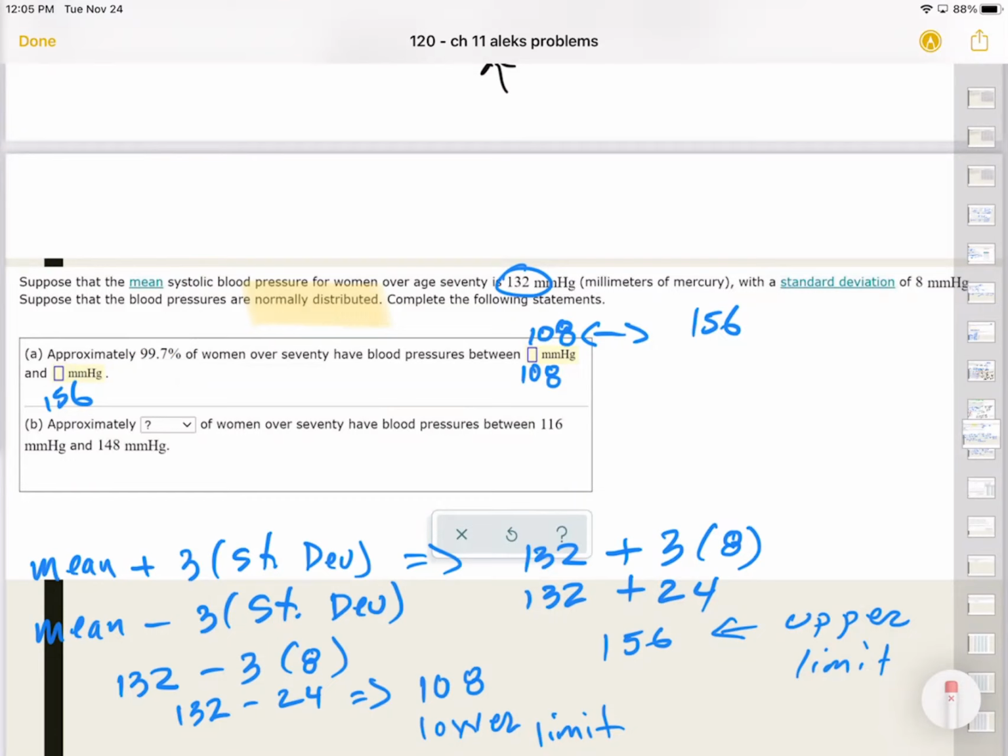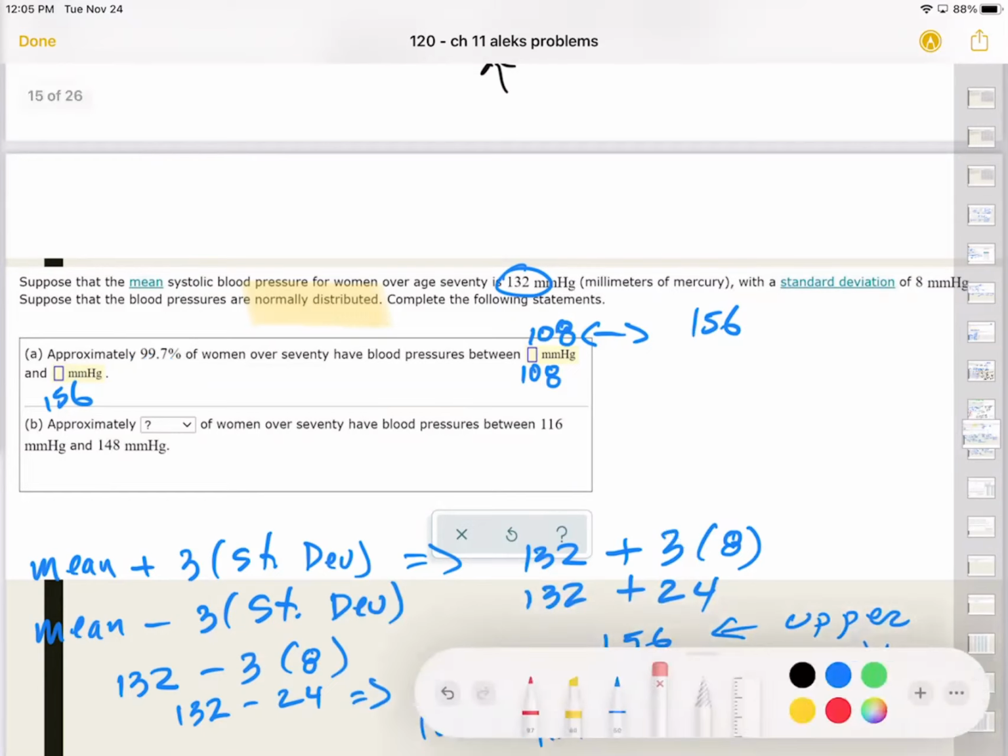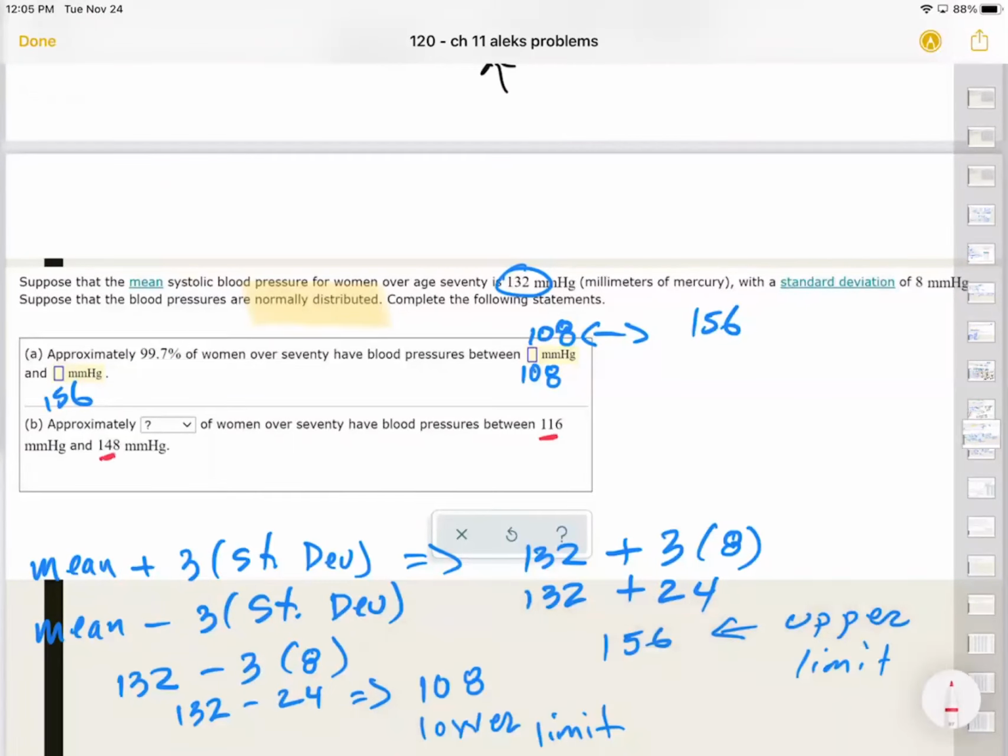Approximately how many are in between 116 and 148? Again, this is the middle, right? The middle is 132. Do you agree that every time you jump down, you subtract 8, your standard deviation? How do you find this number?